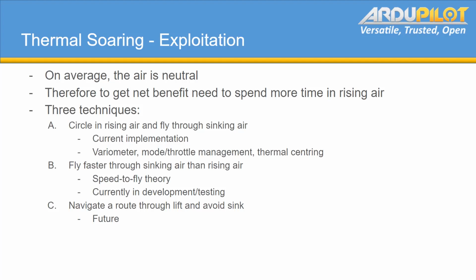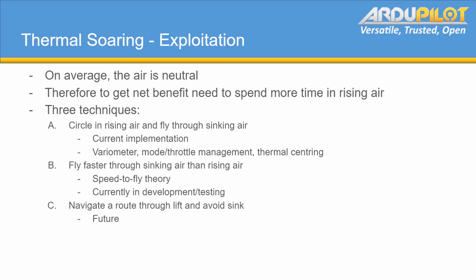However, there are also two other possible techniques which you can use to exploit these conditions, and which full-size, manned gliders do very, very effectively. The first one, technique B here, is that you can adjust your airspeed so that you fly at a higher airspeed through air which is going down, which is sinking, and you slow down where the air is rising in the lift, where the thermals are.